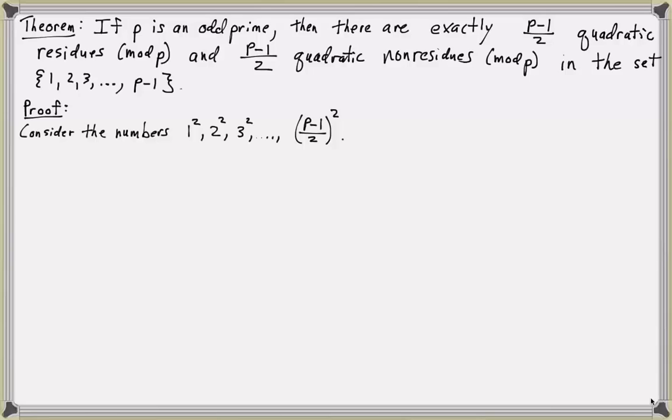So each of these numbers is distinct mod p. And we're going to show that the least positive residues mod p of these numbers represent all the quadratic residues mod p. So each of these numbers, first of all, is distinct mod p.